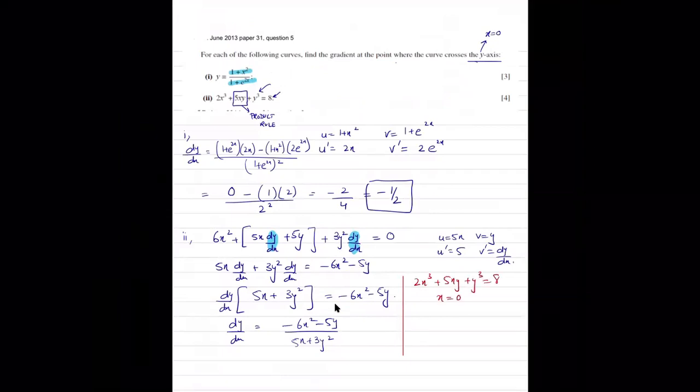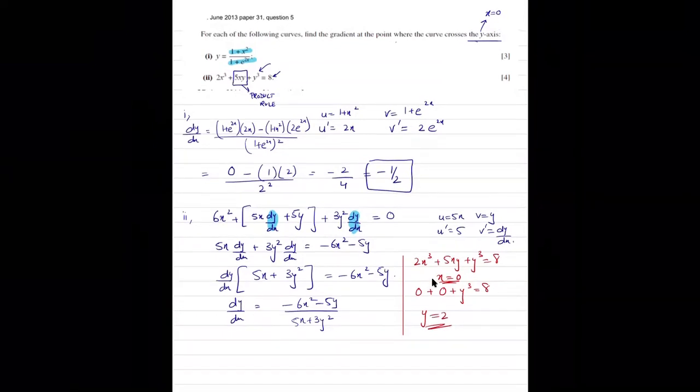And I'm going to plug in x as 0 in this equation to take out the value of y. This is going to be 0, this is going to be 0, y cube comes out to be equal to 8, then y comes out to be equal to, what is cube root of 8? 2. So when x is 0, y is 2. I'm going to plug in the value over here. When x is 0, y is 2.